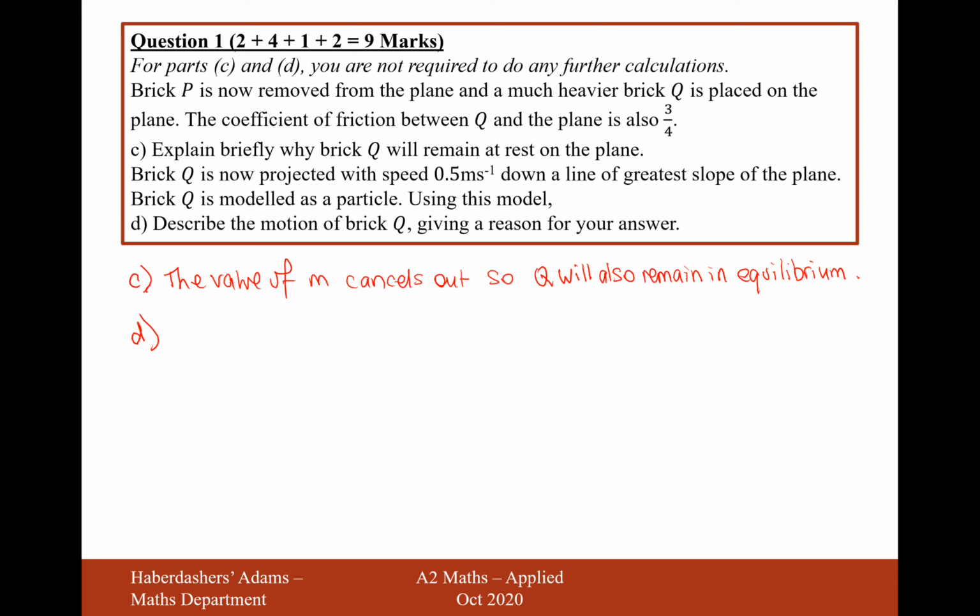Well, there's going to be no acceleration down the plane, because the forces are still in equilibrium. So you're not going to get anything out of an F equals ma equation because the sum of the forces is 0, so your acceleration will be 0.